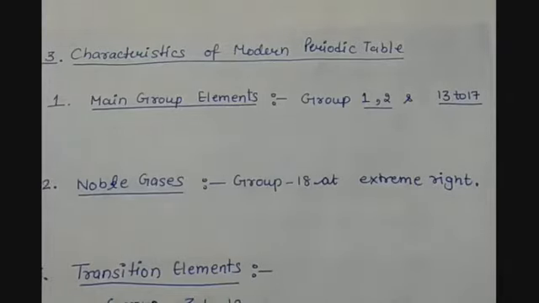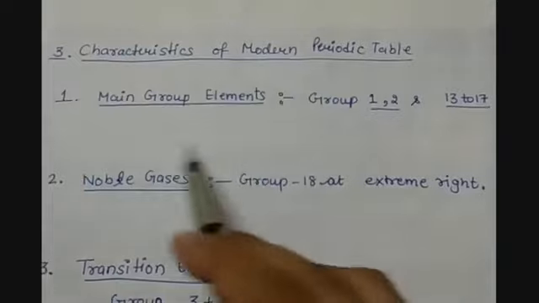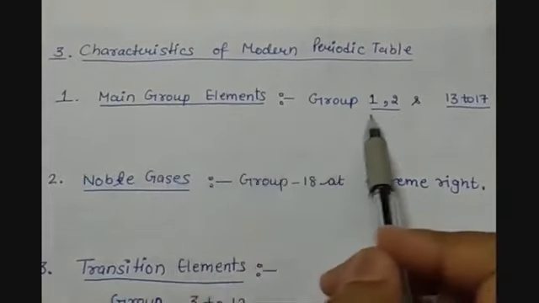Either they are metals, non-metals, or metalloids, and that is why they are called main group elements, because they represent the periodic table, that they are having metals, non-metals and metalloids. So in the main group elements we have groups 1 and 2.